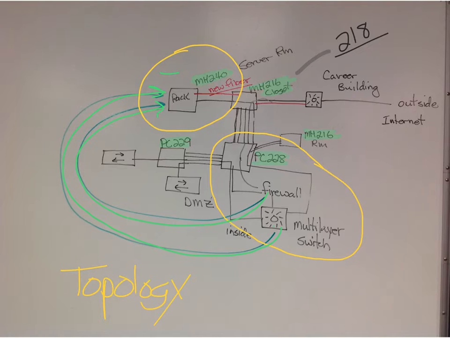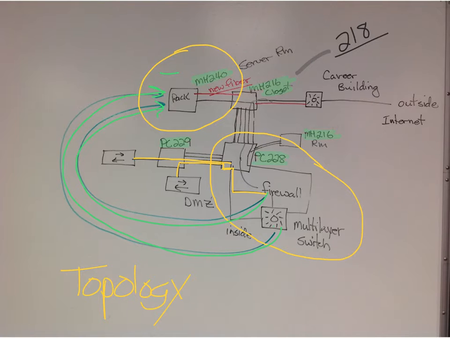Currently we have a line that runs all the way back to this closet, PC 229 for this switch, and then the DMZ that runs into the closet, and that goes to the firewall.